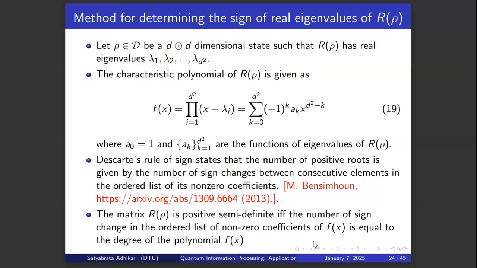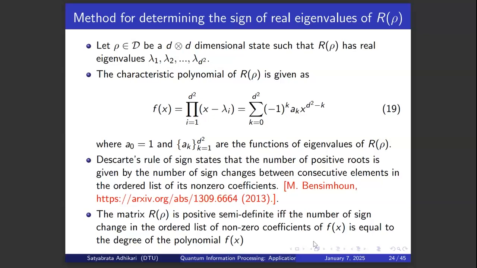Here our focus is not to find the specific eigenvalues, but we just need to know how many eigenvalues are positive and how many are negative. If we find that all eigenvalues are positive, then we can say that the given R rho is a positive operator. So we have to concentrate on the sign of the eigenvalues.